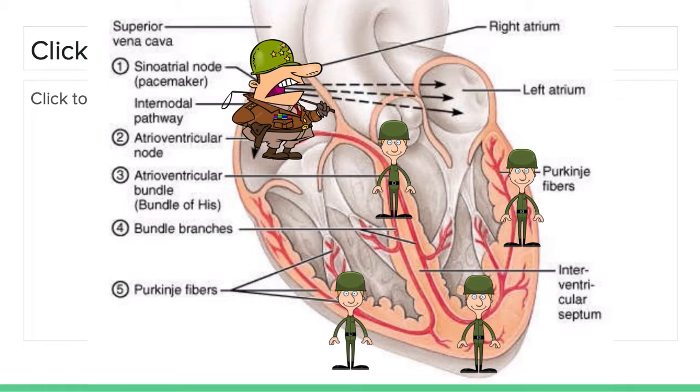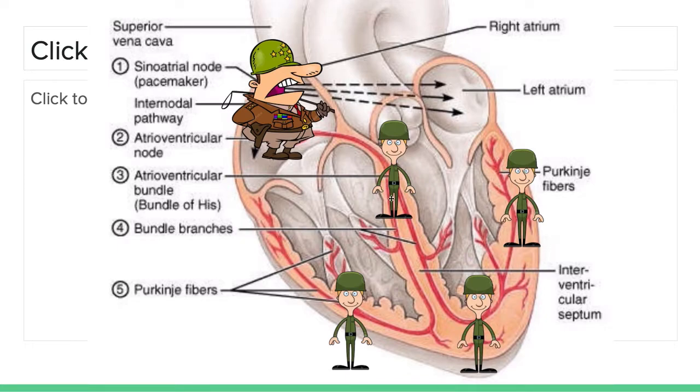So what should normally happen, as we said, is that the SA node should fire and stimulate the atria to depolarize. But then this little guy right here, the AV node, his job is to connect what happens up here to what happens down here. So he's kind of serving like the matchmaker between what happens in the atria and what happens in the ventricles.